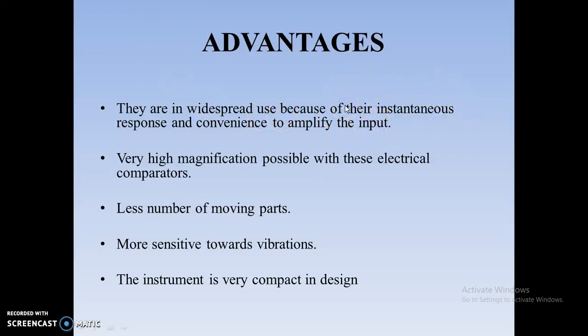The moment the plunger moves, we can see it or read it from the display unit. And in between the movement and the reading of the display unit, the armature moves, the balance condition is broken, there is a change in the inductance of the two coils, and a current flows through the galvanometer.